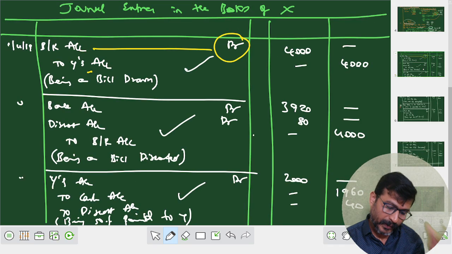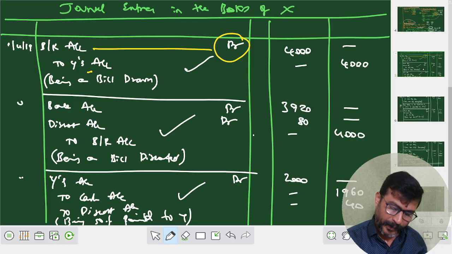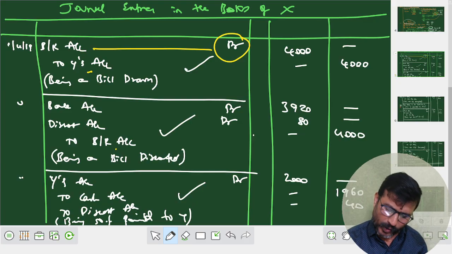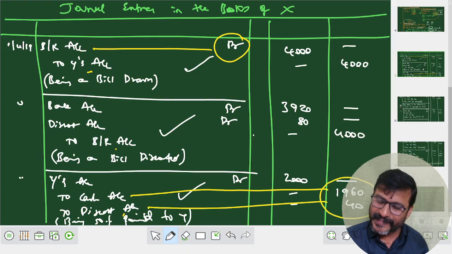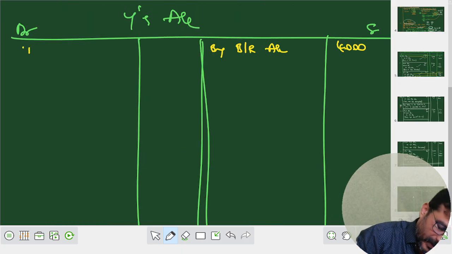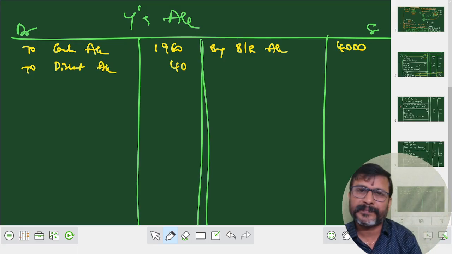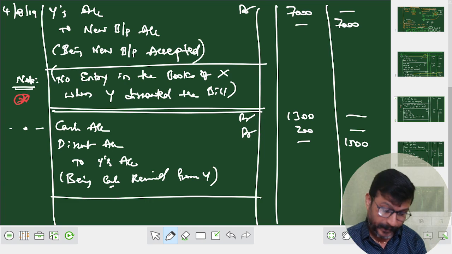After that, bank account debit, discount account debit to BR, the Y is not there. Y's account debit to cash and bank discount. Cash and discount are in the credit side of journal, so they go to the debit side of ledger, to cash account 1960, to discount account 40.